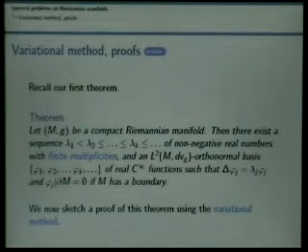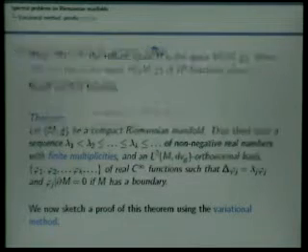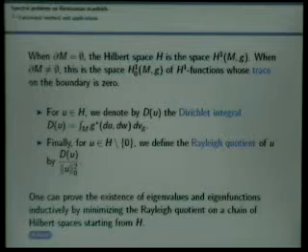And you can prove this theorem using the variational method. Okay? So I don't want to spend too much time doing this, but still I want to give you some idea of how one does this. And the idea for this, as is explained on the transparency, is that you will minimize the Rayleigh quotient on a chain of Hilbert spaces.